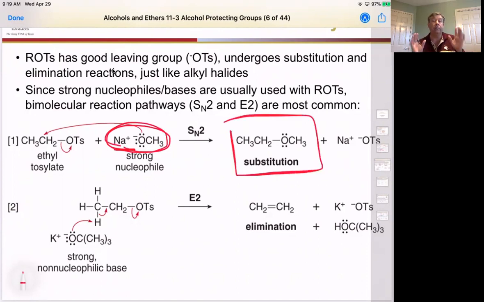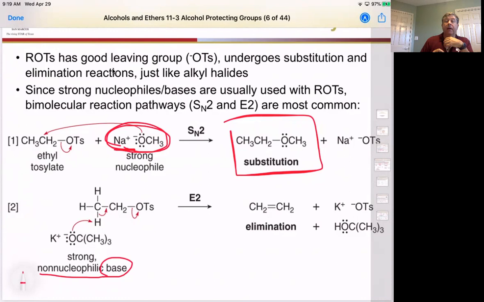However, if we use a big bulky base, so it's a non-nucleophile, but it's a base, we can get that E2 reaction, meaning the proton from the carbon adjacent to the one with the tosyl group is going to be pulled off. Then those electrons are going to kick in, and we're going to kick out our tosylate group and get our alkene derivative.